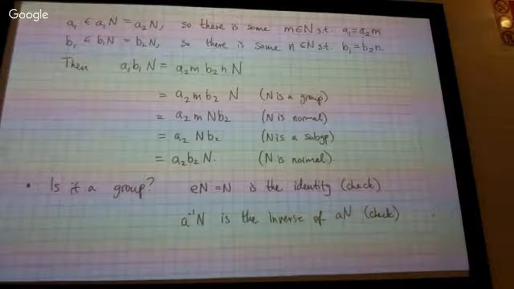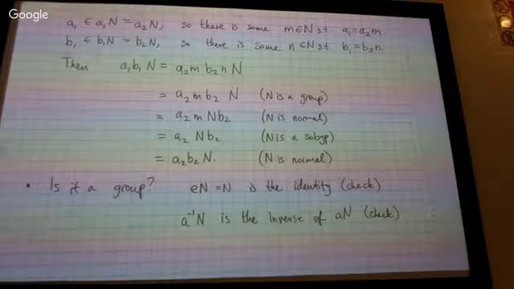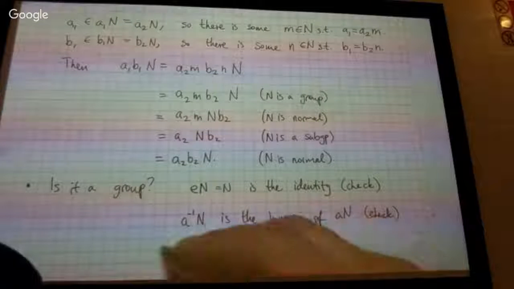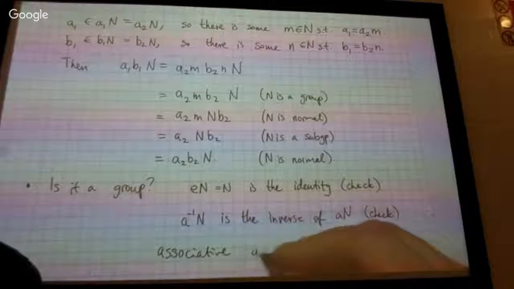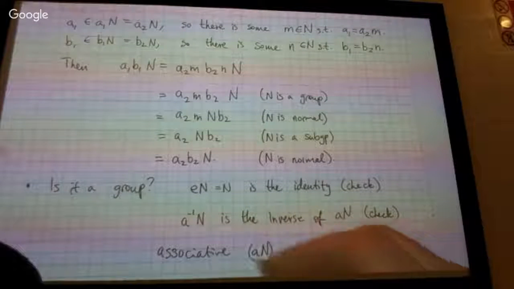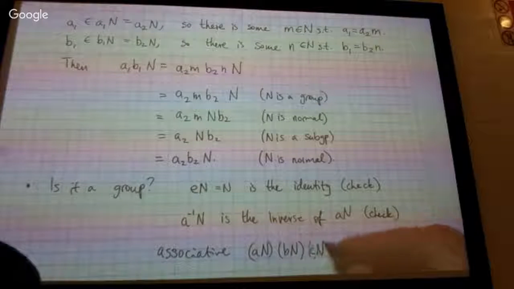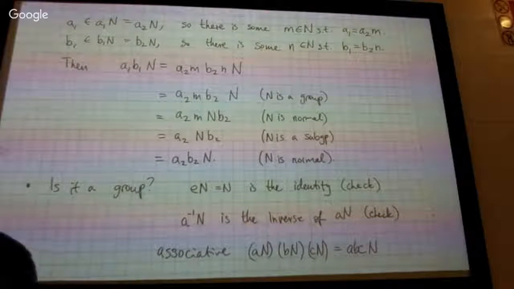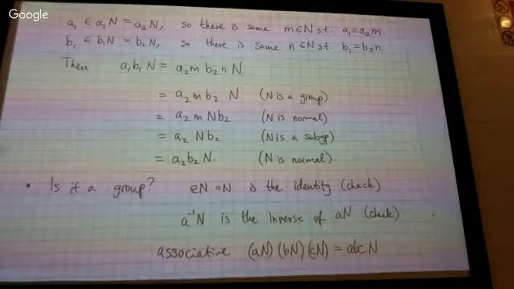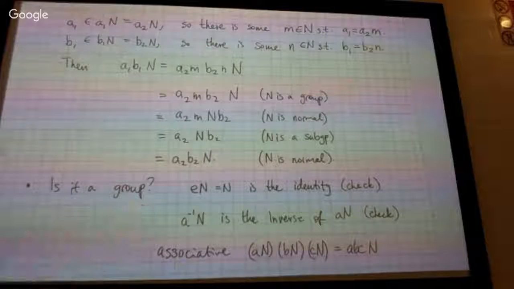What else? It's associative. Check. So (AN BN) CN is AN (BN CN). It doesn't matter which order you do it in.